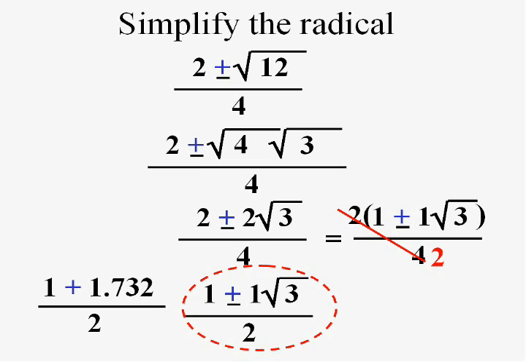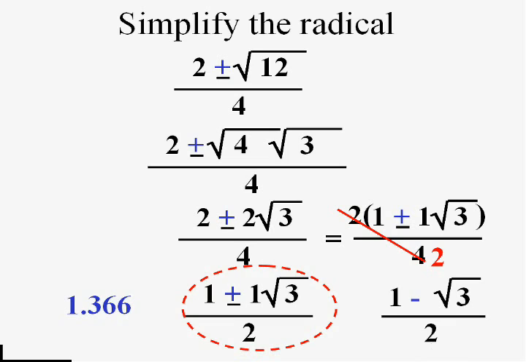So 1 plus 1.732 over 2 is approximately one of the answers. The other answer, 1 minus the square root of 3 over 2, would be 1 minus 1.732 over 2, which would be negative 0.732 over 2, which comes out to approximately negative 0.366.